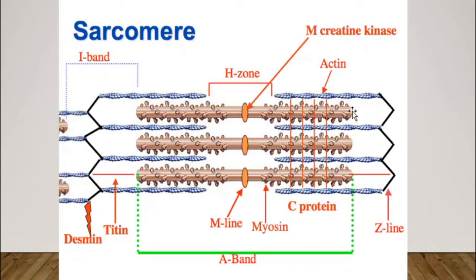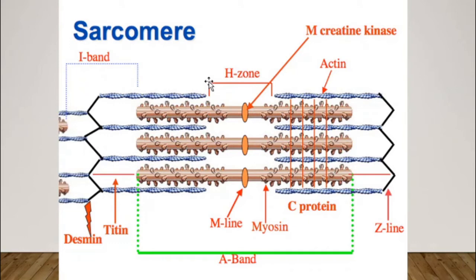The area of the sarcomere that shows the myosin filament is called the A band. And at the center part of the myosin filament, we have the M line, composed of creatine kinase and a certain type of enzyme.